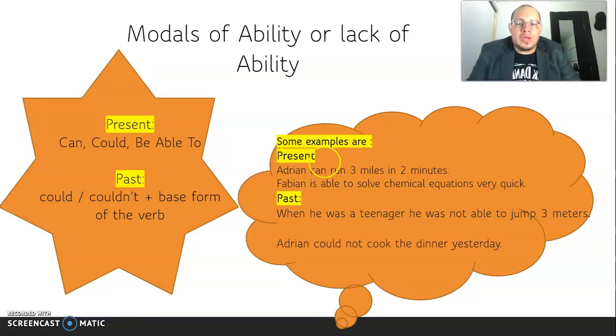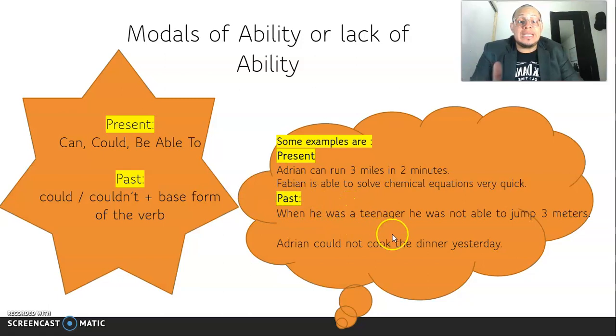Let me go very quickly on this one. You can use it in present and past, as I mentioned before: can, could, be able to. In the past, you can use can. Couldn't is could plus not, and be plus the form of the verb. And there are some examples in past.